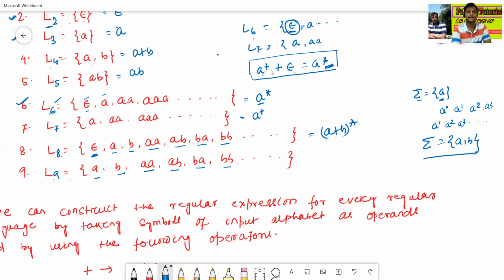Similarly, like language 7, we can represent language 9 as (a plus b) whole plus. If we include epsilon in (a plus b) whole plus, it will give (a plus b) whole star.